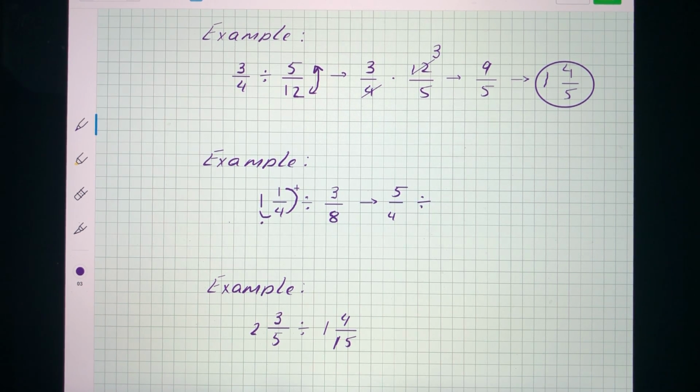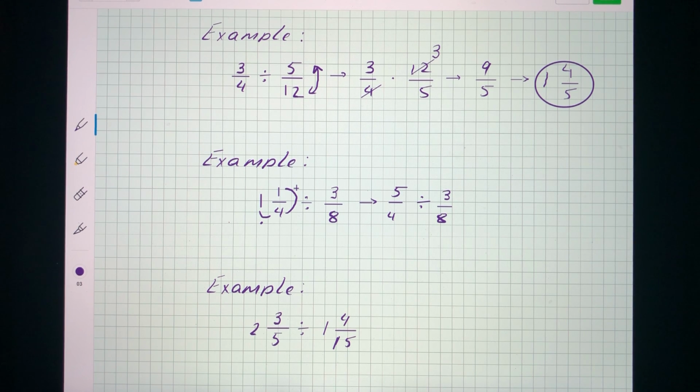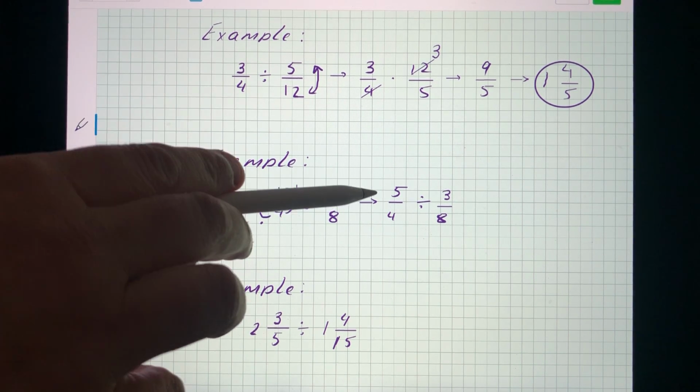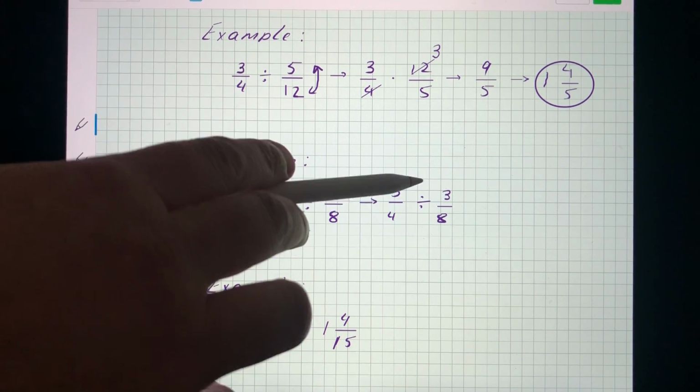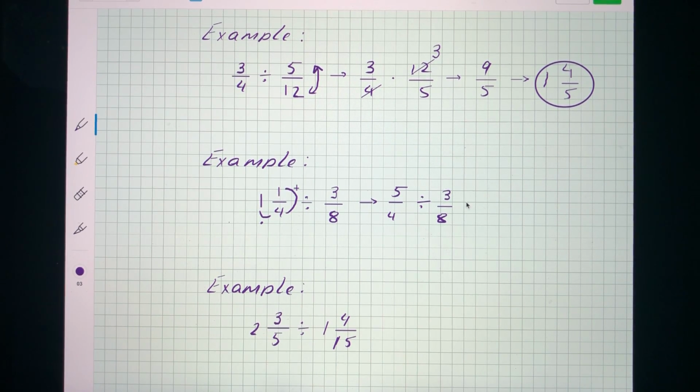And then we divide that number by 3/8. This is what the problem looks like if we rewrite the mixed number as an improper fraction. That's the first step. Now we flip the number we're dividing by, and that makes 5/4 times 8/3.